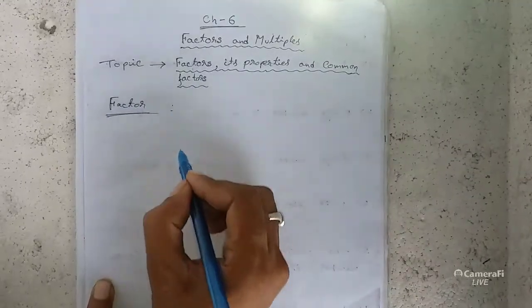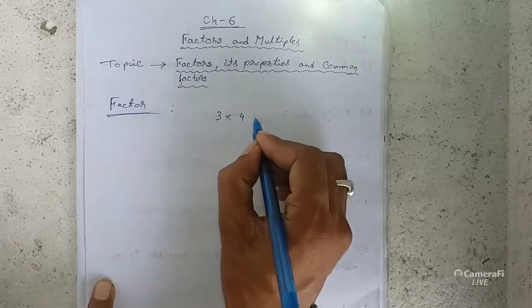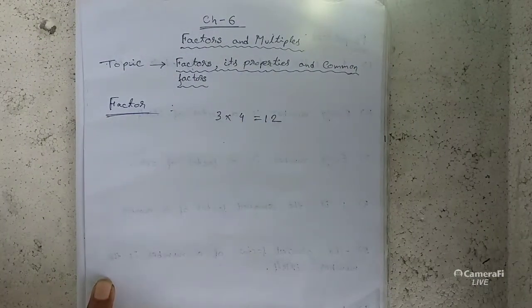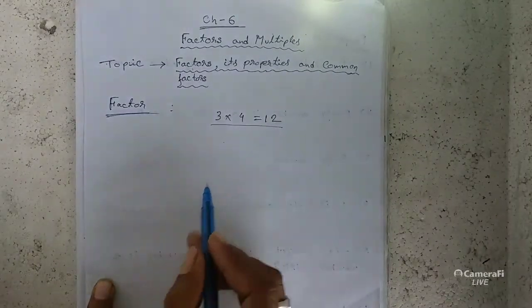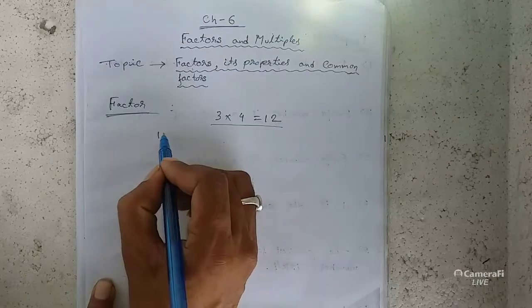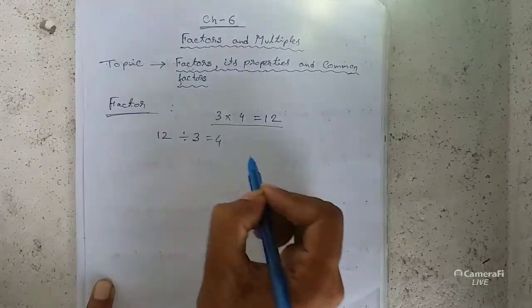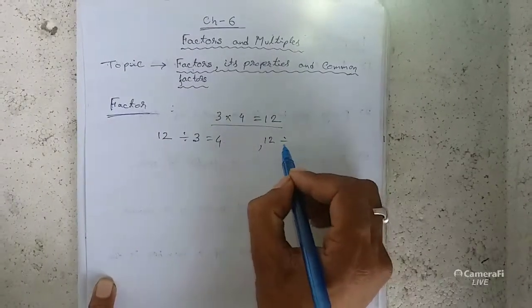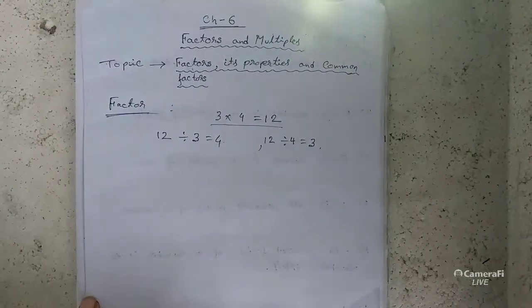We know that if we multiply, suppose 3 and 4, we get 12. This is the multiplication fact. Now the division fact of this multiplication fact, we can write that 12 divided by 3 is equal to 4, and also 12 divided by 4 equal to 3.